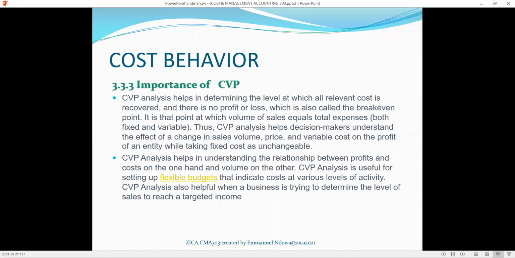As illustrated on our graph, if you produce 120 units, you realize revenue at that level. If you produce 140 units, the total revenue realized on 120 units as opposed to 140 units is different. You see now.